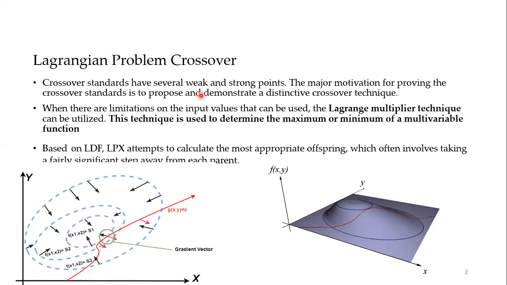parent. For example, if you look at this diagram, you have f(x), which is the function that represents the equations that we have, and here you are trying to get the best optimal solution, which could be on this surface.